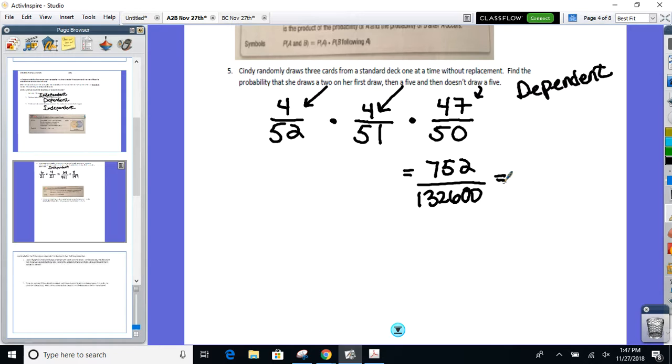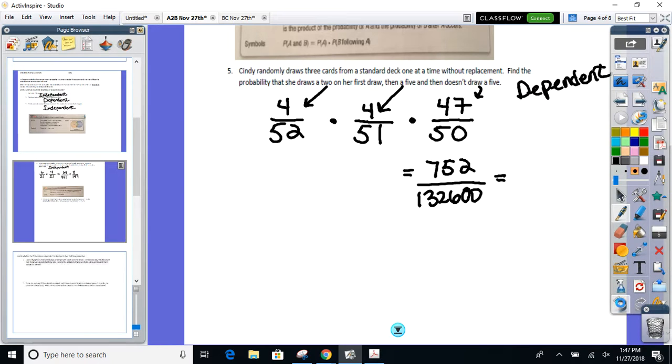Oh, okay, because your calculator won't change it back in? Okay, that's fine then. All right, I'll always accept the decimal too. Just make sure that decimal's between 0 and 1. Yep, that's fine. So your calculator didn't change it back into a fraction. That's fine. I'll just leave it like this then.